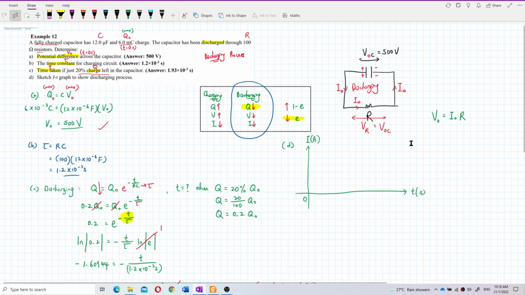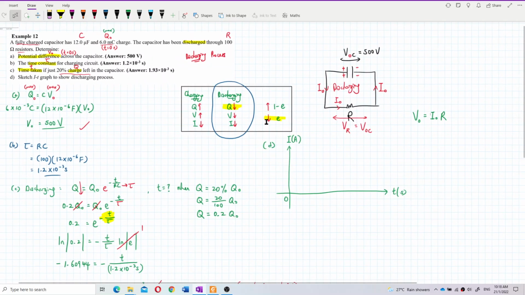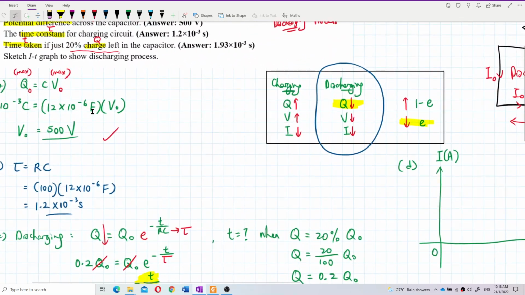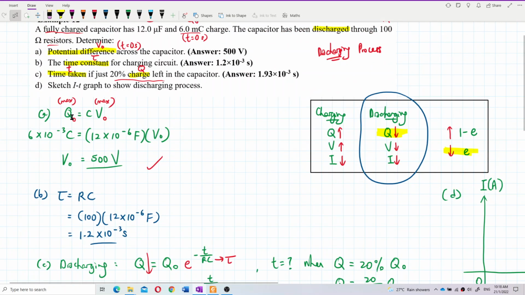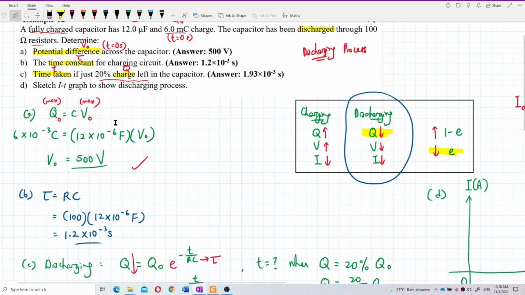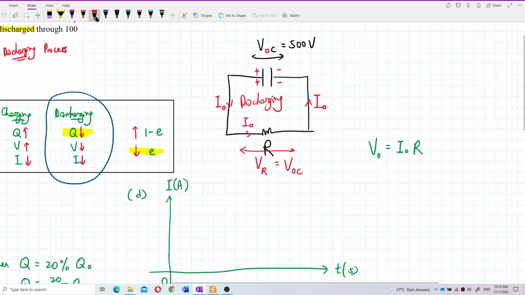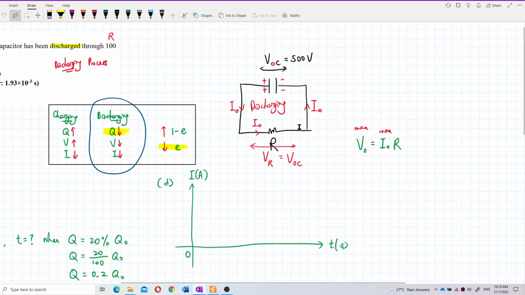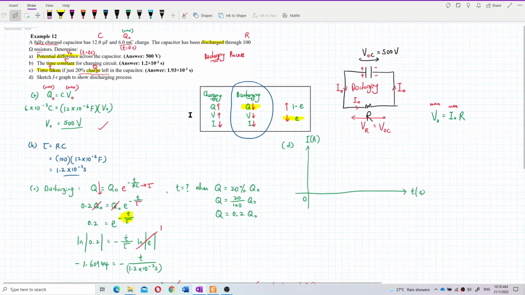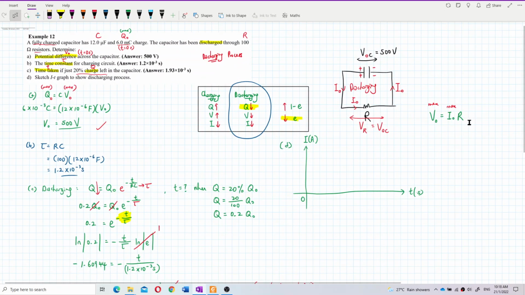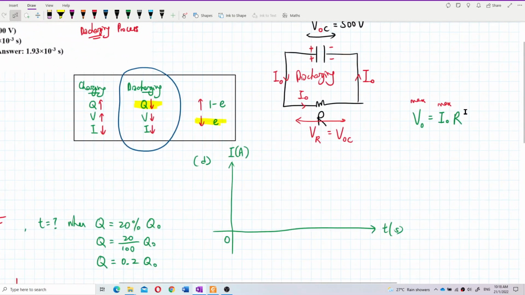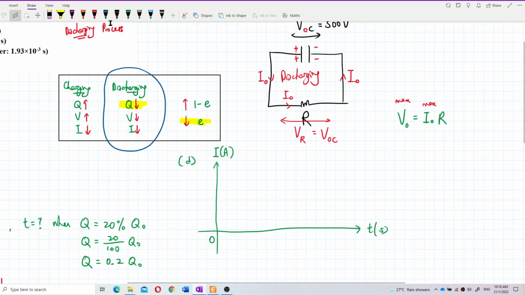So V naught equals I naught R. Initially we have maximum charge, maximum voltage, and we also have maximum current. Initially it's all maximum value, so I can find my I naught.